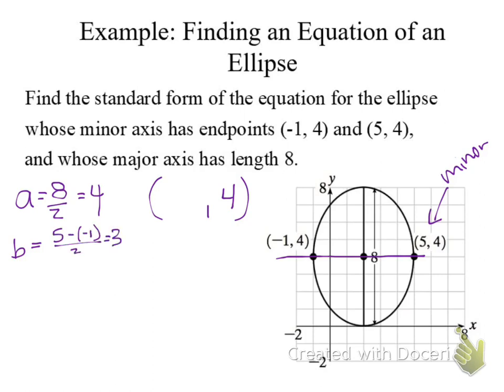So B's measurement is going to be 3. So 3 units over from my -1, 4 should be my center. So that's going to be 1, 2, 3. Look, that works. So I have that B is going to be 3. And so to find out where my axis is, what is 3 units away from -1? Well, that's going to be 1, 2, 3, so it's actually going to be over at 2. So 2, 4 is the center.